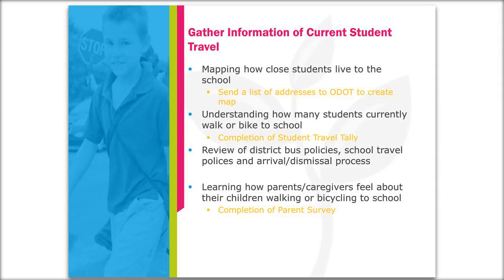This will let you know how many crashes have been within a mile of the school, how many of those have involved pedestrians, and how many have involved a bicyclist. And then, does the school currently conduct any activities that support or encourage walking and bicycling to school? Is the school doing anything? It's okay if it's not, but it's a good time to ask that question to gather all of the needed information.